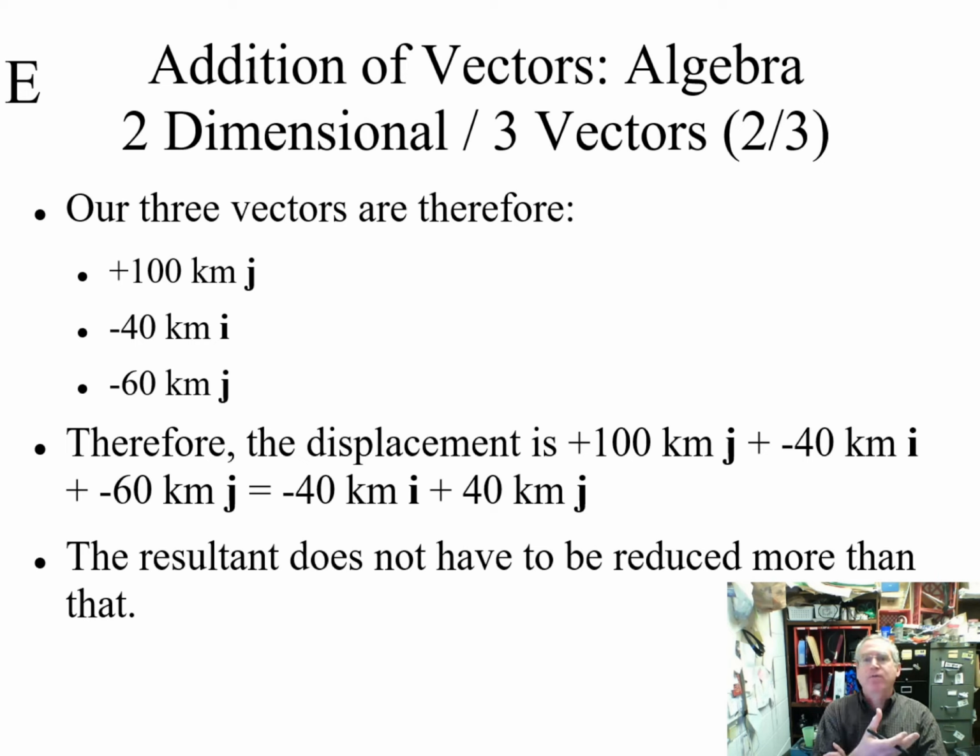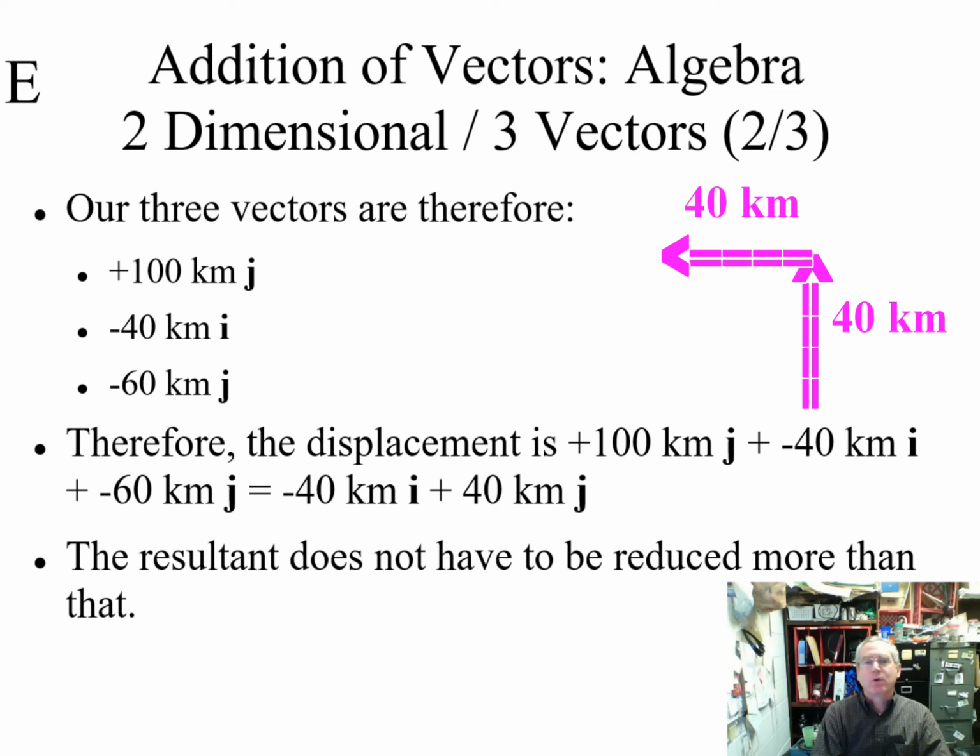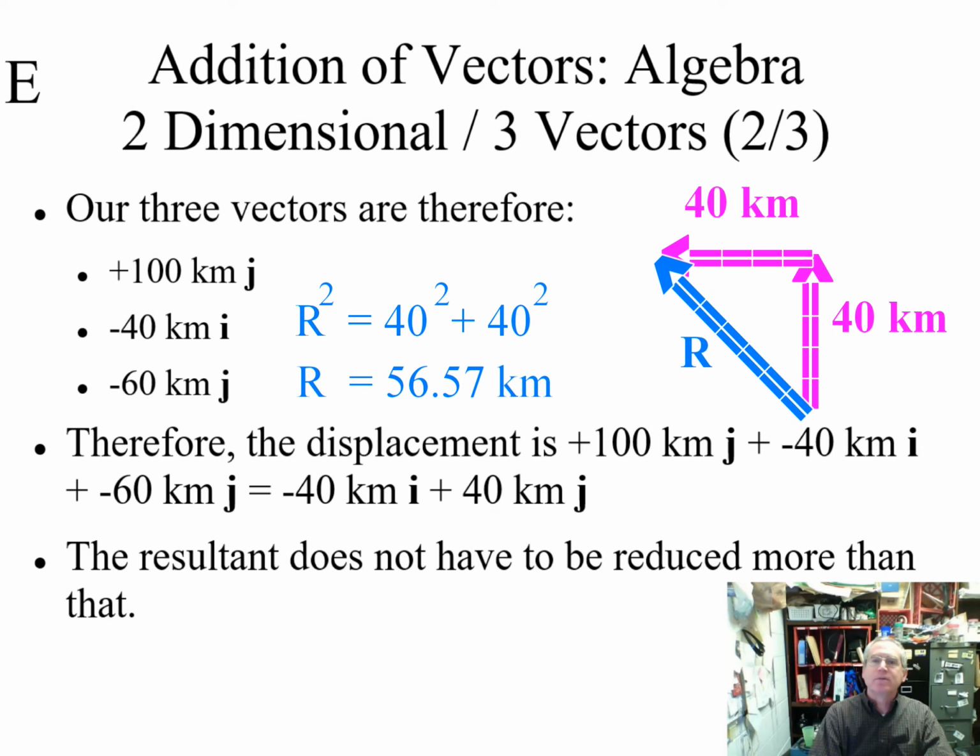If we want polar form, or if I had asked for the magnitude of it, well, you can do a little Pythagorean theorem, because this would represent 40 kilometers up or north, and then 40 kilometers west, and then we can get the total magnitude with the Pythagorean theorem. R squared is equal to 40 squared plus 40 squared, and that is 56.6 kilometers.